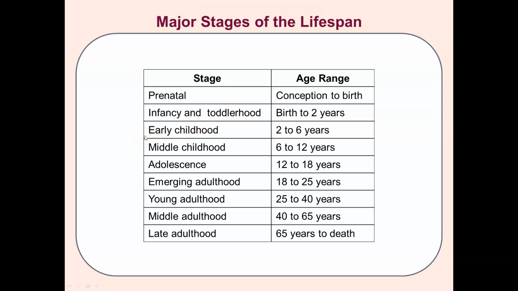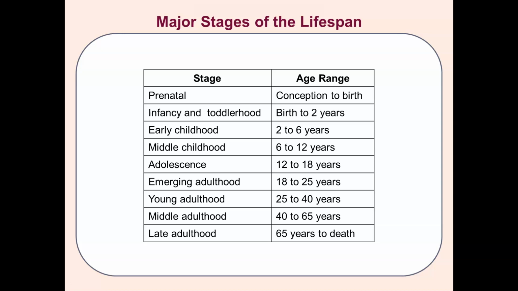The next stage is what's known as early childhood, between ages 2 to 6. Next stage, middle childhood, ages 6 to 12. Next stage, adolescence, between 12 and 18 years of age. Next stage, emerging adulthood. So that's ages 18 to 25 years old.